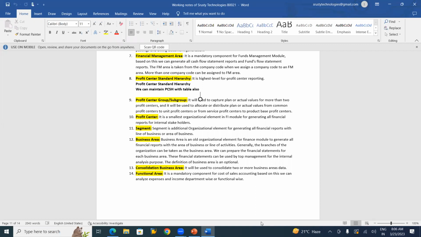Business areas will be created at client level, and these business areas can be used by any company code under that client.